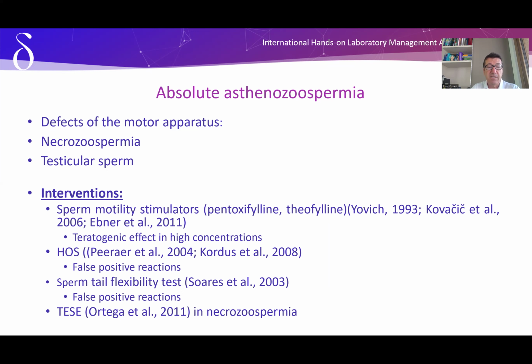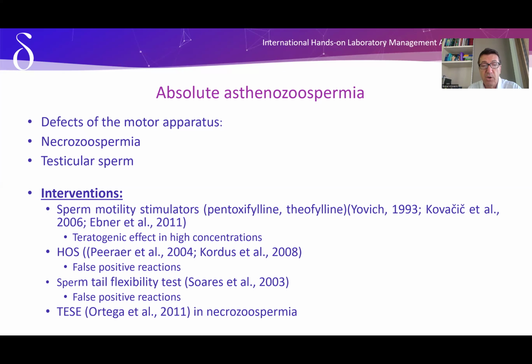Then there is a sperm tail flexibility test, and in TESE, if we cannot find motile sperm even after adding the sperm motility stimulator, and if we get a very low fertilization rate, then some authors recommend using testicular sperm.